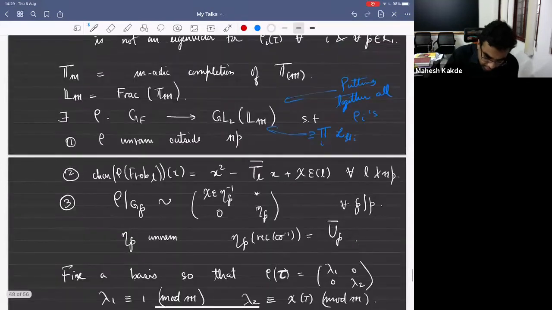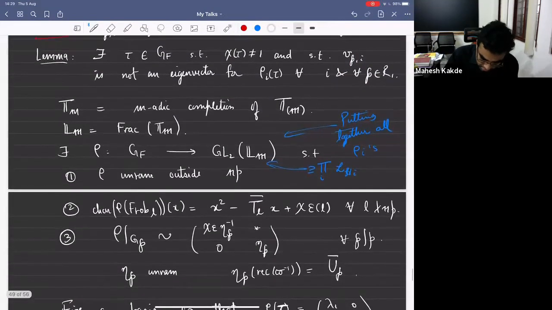I mean, an unramified character just means that, if you look at it on the Galois side, like a character from the Galois group into Q bar cross or something, then unramified just means that it's trivial on the inertia subgroup. So unramified at v means it's trivial on the inertia subgroup at v.